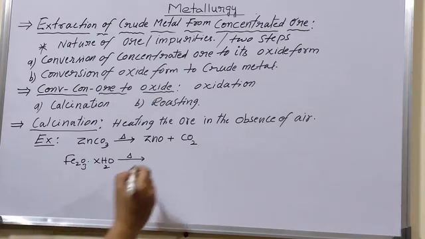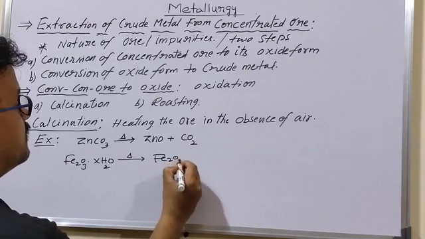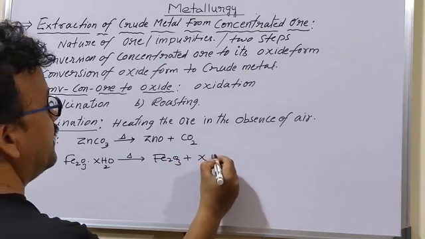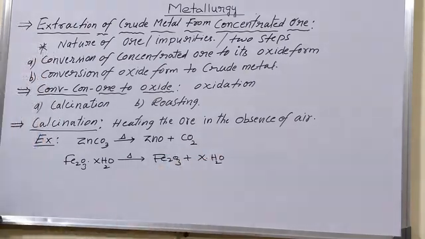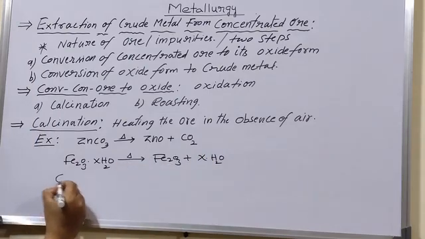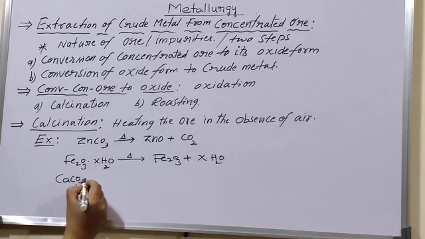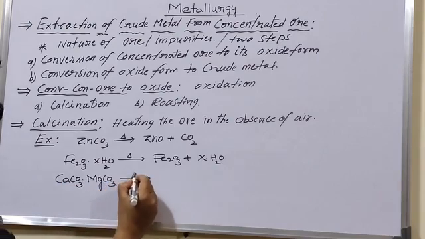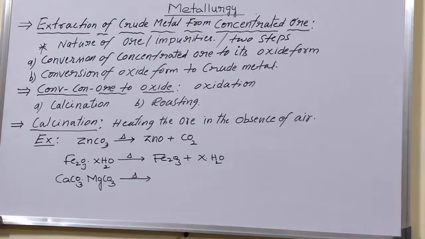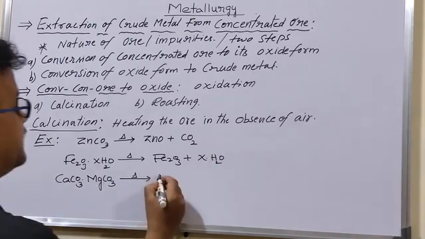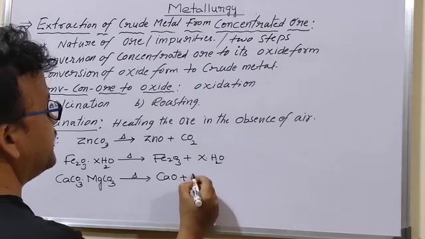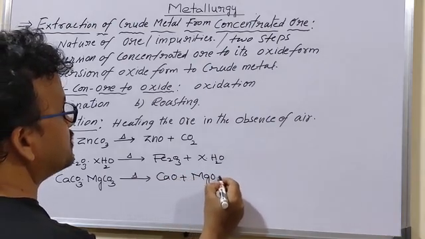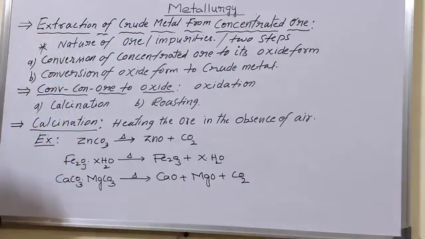Then it will give ferric oxide and x moles of water. And take dolomite, CaCO3·MgCO3, subjected to heat. Then we get calcium oxide, magnesium oxide and carbon dioxide.